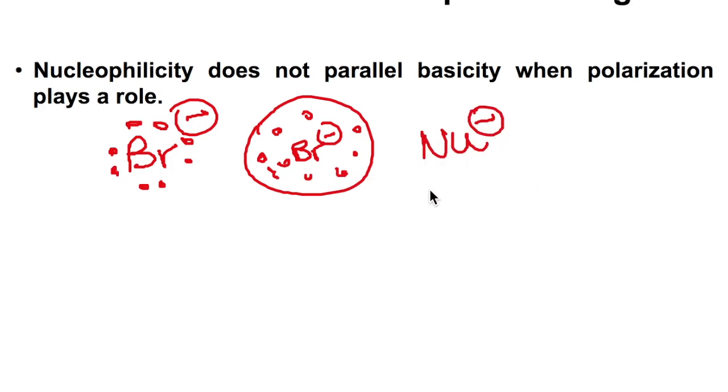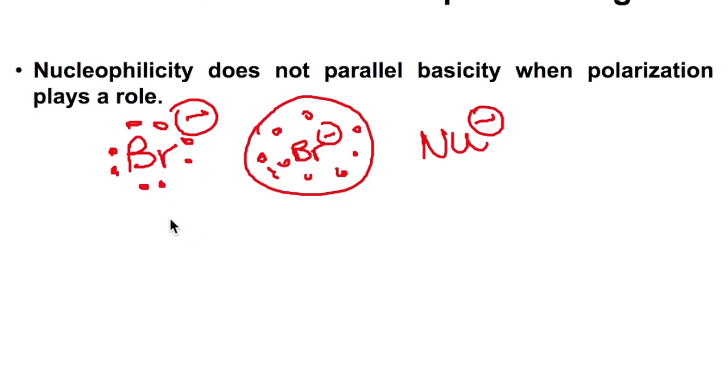So when a molecule is polarizable, such as Br, it will be a better nucleophile, because the electron density can be displaced. Imagine all these electrons going in one direction and one direction only to go and attack. That is the exact definition of a nucleophile: a molecule that will go looking for an electrophile.